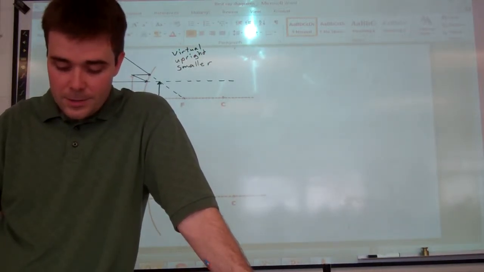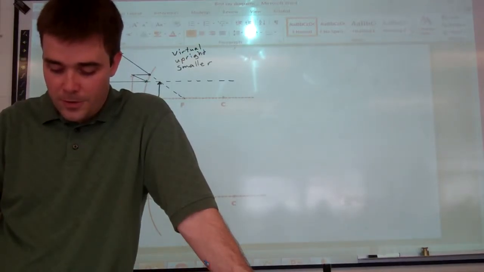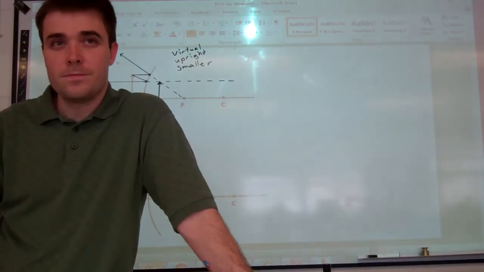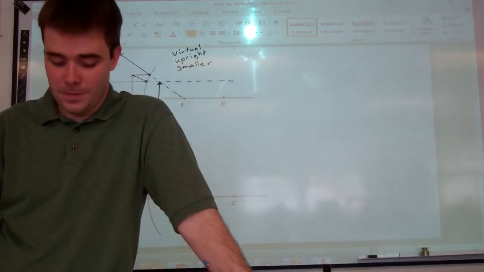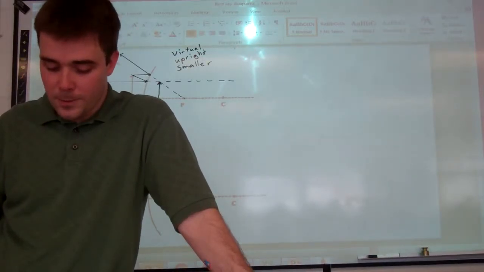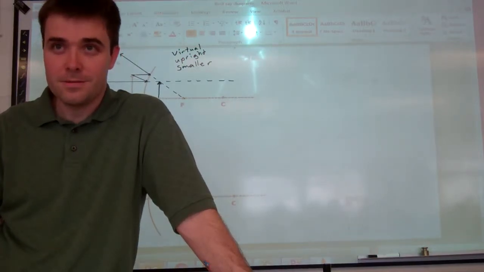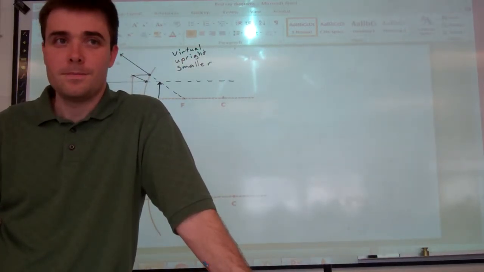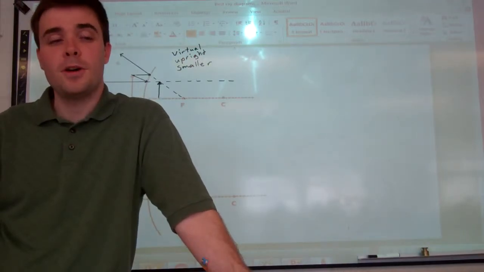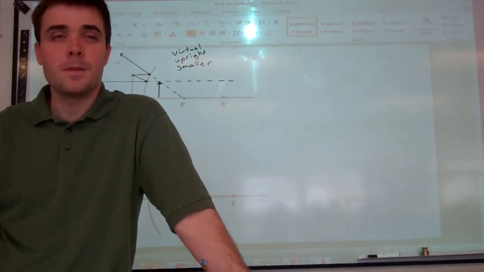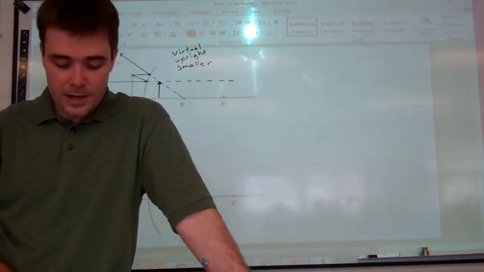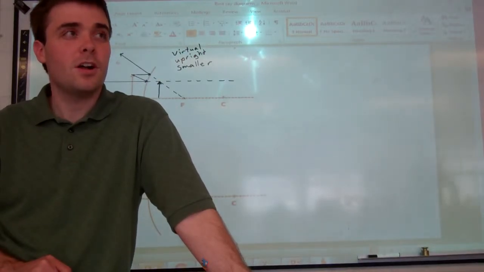Number 11, when an object is between the center of curvature and the focal point of a convex mirror, virtual and smaller. So if you see convex, it's virtual and smaller. Number 12, when an object is at the center of curvature of a convex mirror, virtual and smaller. Even at the focal point of a convex mirror, it's virtual and smaller. 10, 11, and 12 are all virtual and smaller because they're all convex mirrors.